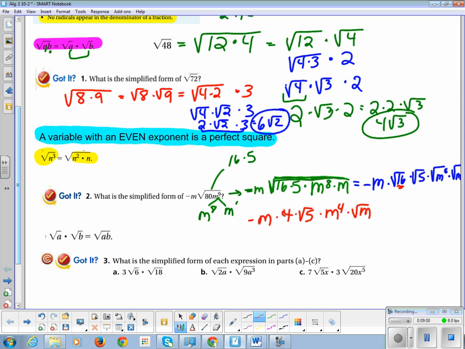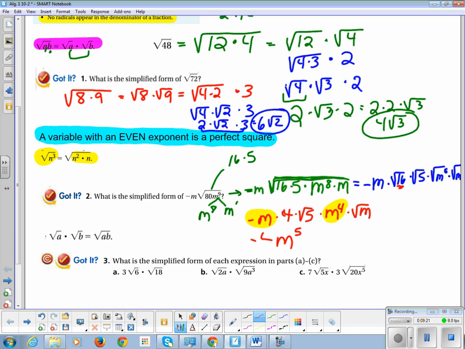Okay, now I'm going to shuffle everything together. So I have an m here and an m to the 4th here. I'm leaving the square root of m by itself because, sadly enough, he's a square root of m. So that would be m to the 5th.